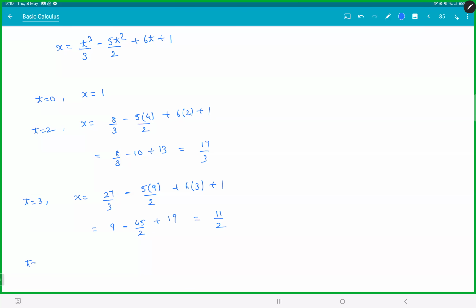Good thing. t is equal to 4. How much is this? Sir, it's coming as 13. It won't come out as an integer, it's 64/3. Like 64/3 minus 15, 19/3.